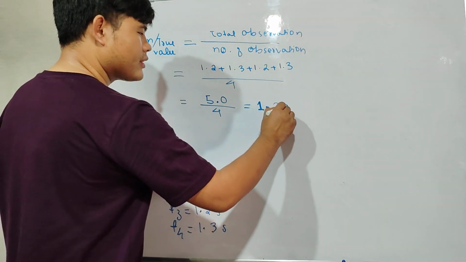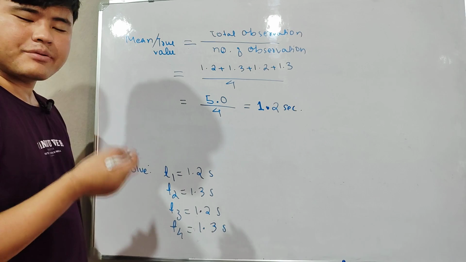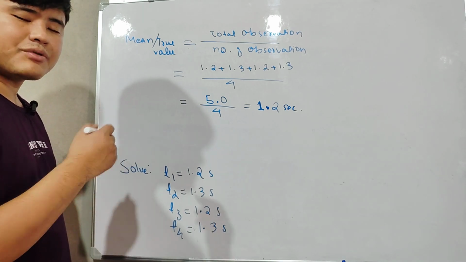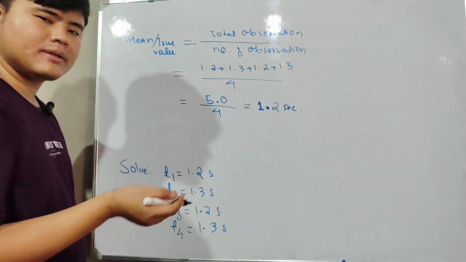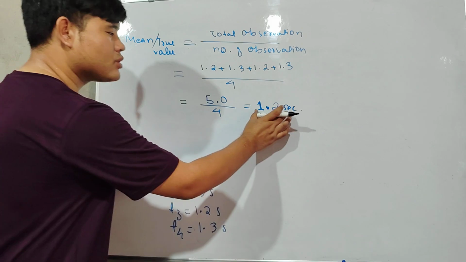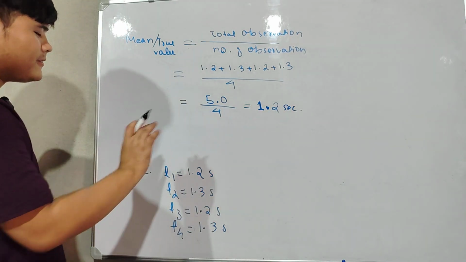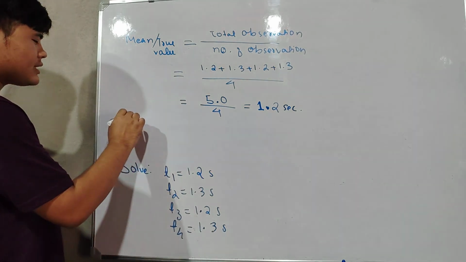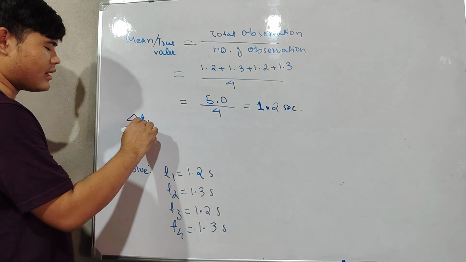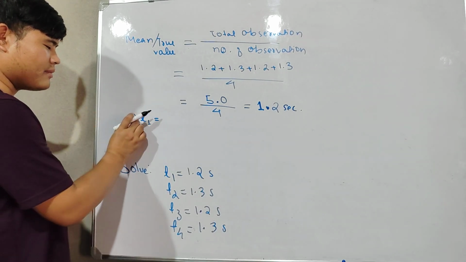1.2 seconds. So now can you find the individual absolute errors? What is absolute error? True value minus measured value, in modulus. The true value we got is 1.2. This is our measured value. So let delta t1 be the individual absolute error. Delta means very small.